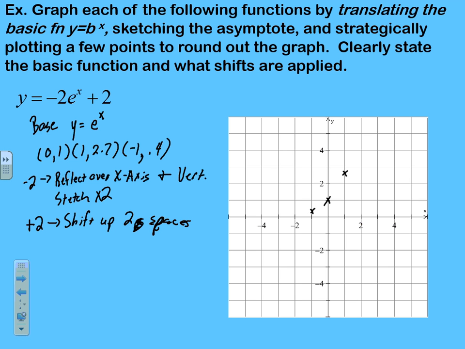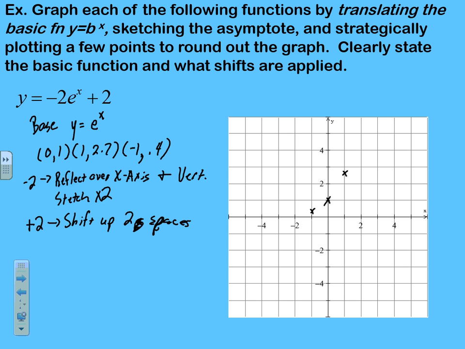So let's look at what the negative 2 does, the reflection and the vertical stretch. Okay. Well, the negative 2, basically what that's going to tell you to do, because we're reflecting over the x-axis, that means we have to multiply all of the y values by a negative 1, and then we're going to move all of those two spaces up.